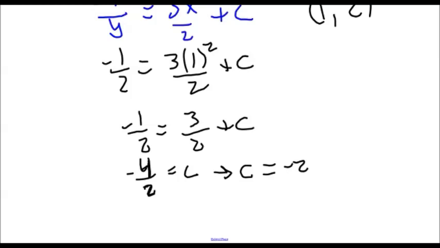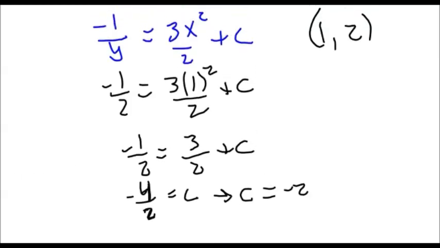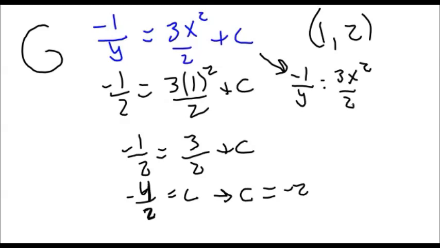And so when they ask for the particular solution, they're asking us to take the general solution and rewrite it with our knowledge of c. So I'm going to put a little g here. That's the general solution. We're going to bring that down to the right, and now we're going to try to write out the particular solution. And so I've got negative 1 over y equals 3x squared over 2 minus 2.